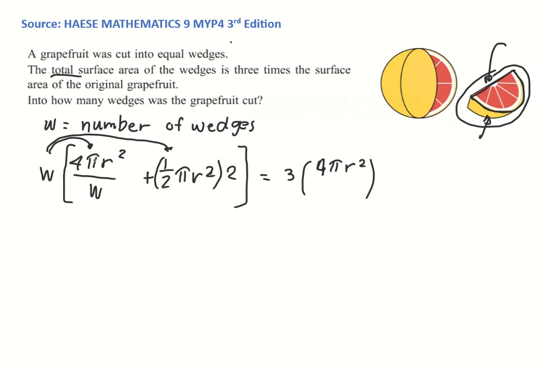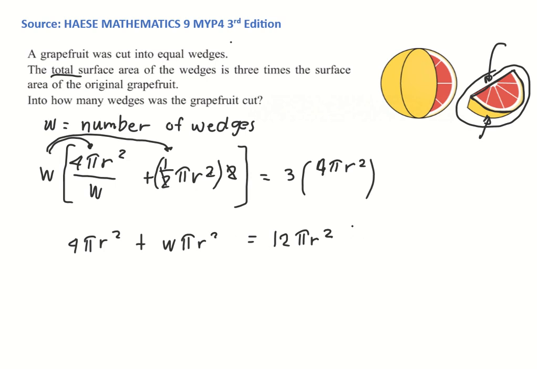So W times 4 pi r squared over W is 4 pi r squared plus W times 1/2 pi r squared times 2. So this cancels out. 1/2 times 2 is 1. So this is W pi r squared is equal to 3 times 4 pi r squared, which is 12 pi r squared.